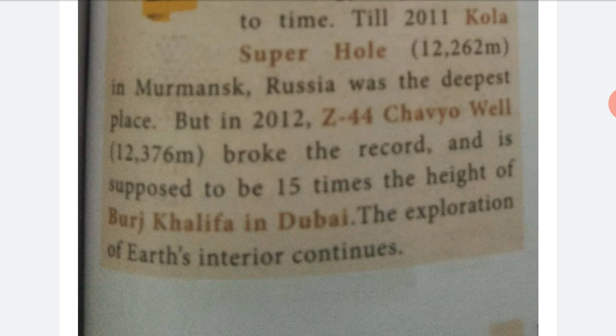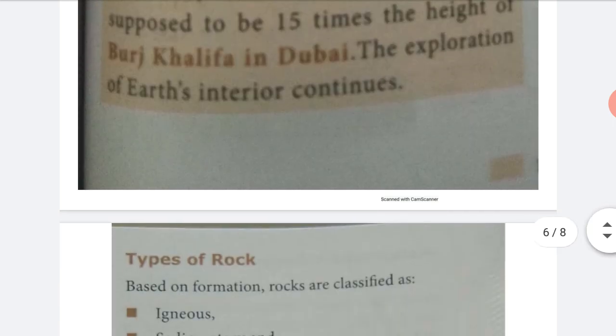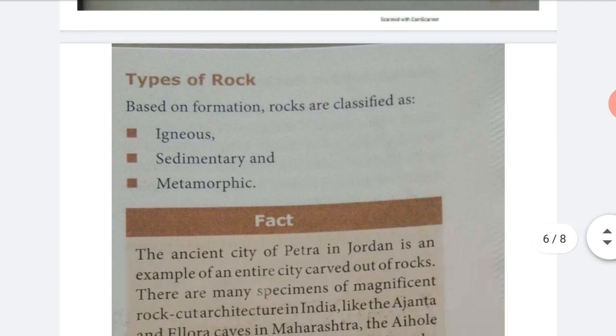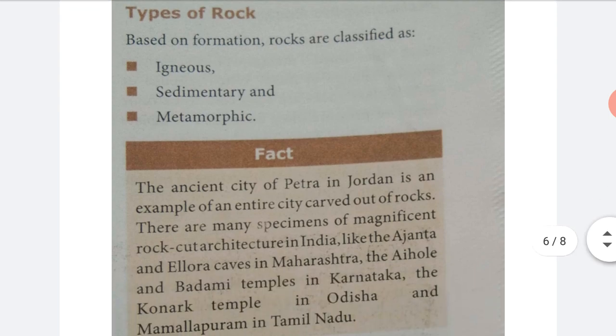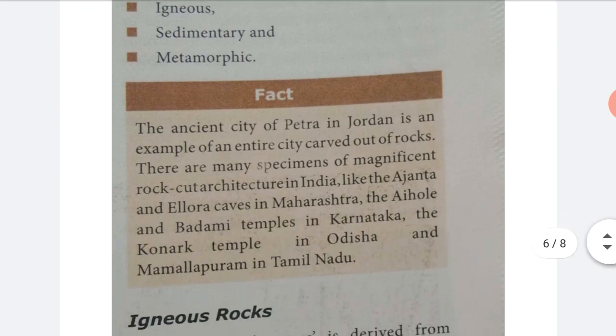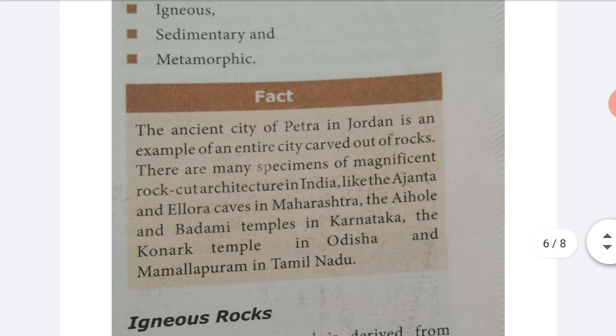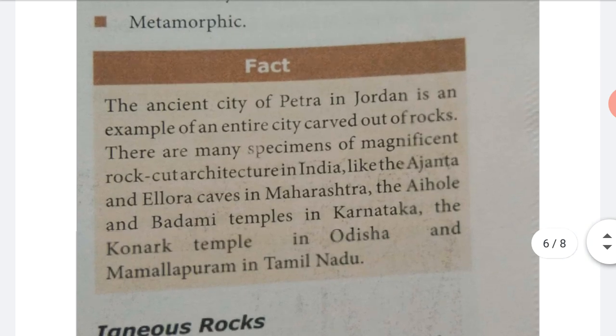The next topic is types of rocks. Rocks are divided based on their formation into three types: igneous rocks, sedimentary rocks, and metamorphic rocks. The ancient city of Petra in Jordan is an example of an entire city carved out of rock.